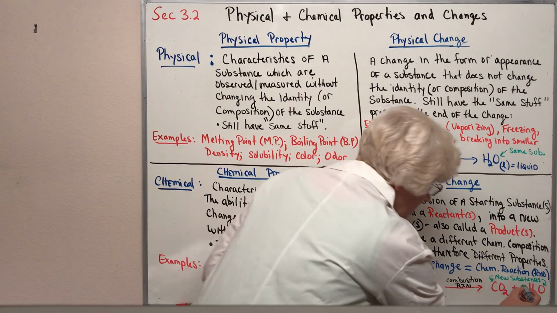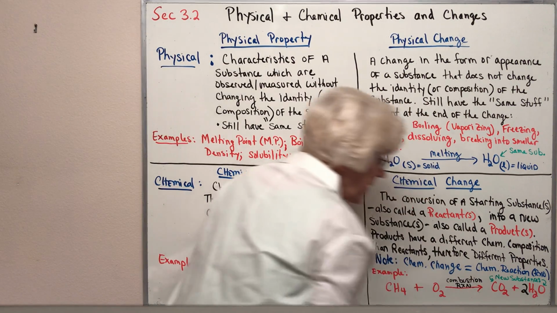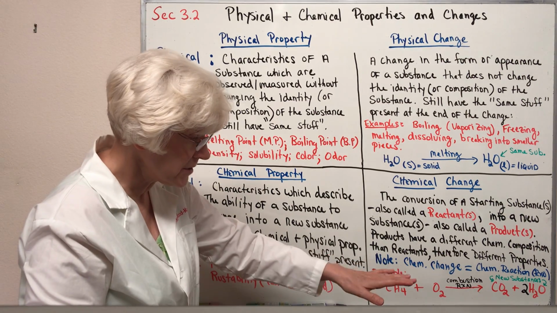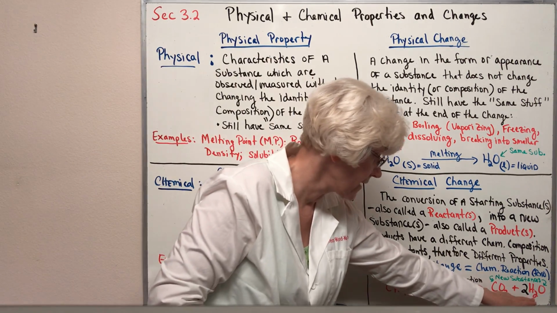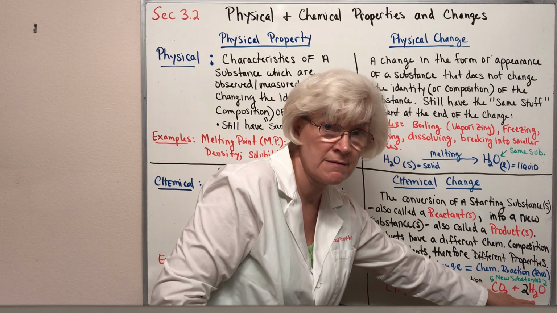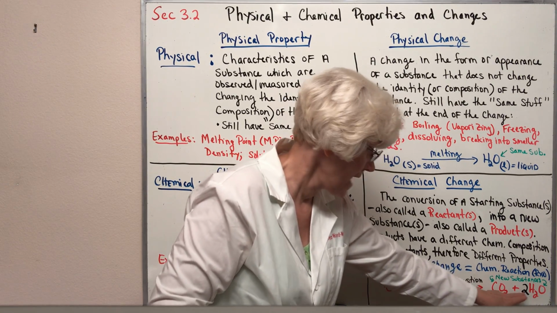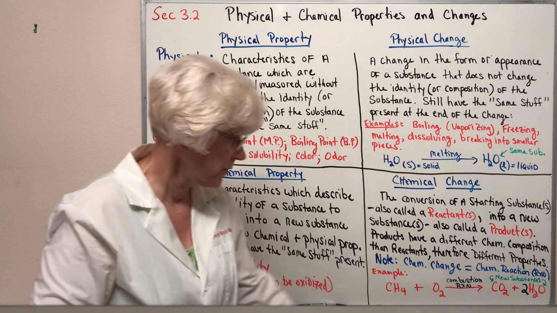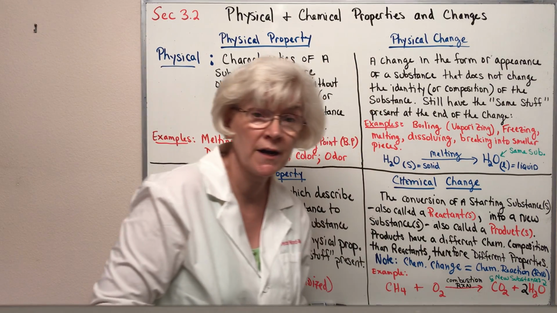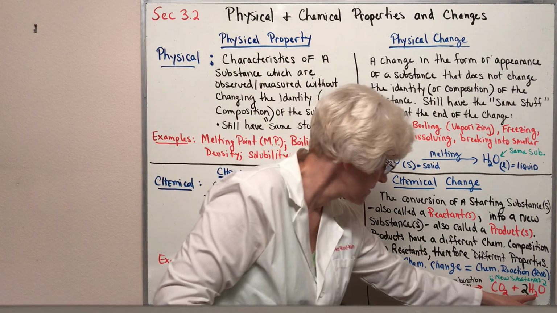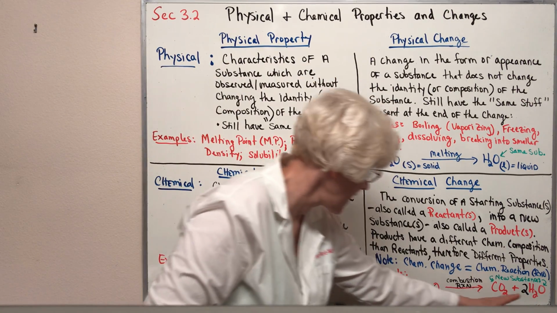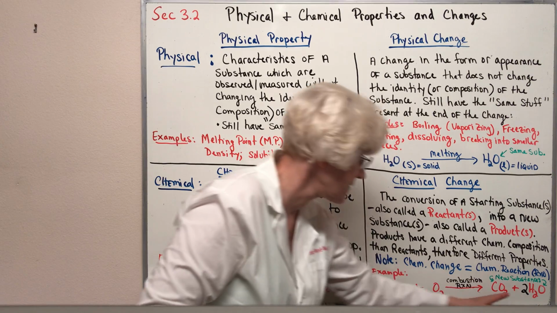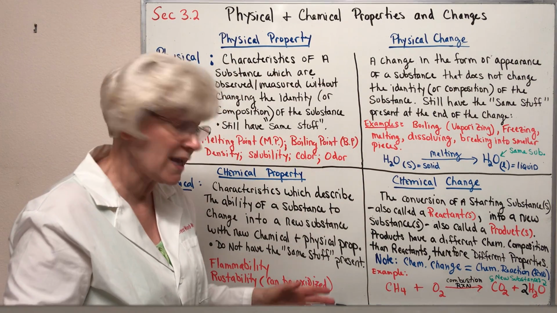But we can do this. We can put what we call a coefficient in front of the water, and now I'm talking about 2 water molecules, not just 1. And 2 water molecules would contain a total of 4 hydrogen. 2 times 2 is 4. So I now have balanced the hydrogen atoms on both sides of this chemical equation.